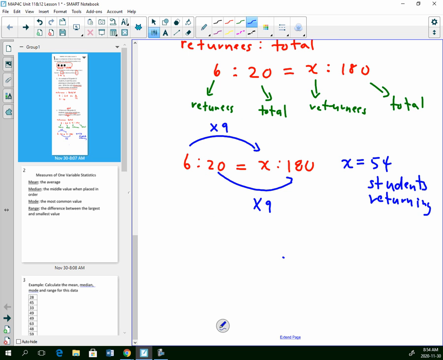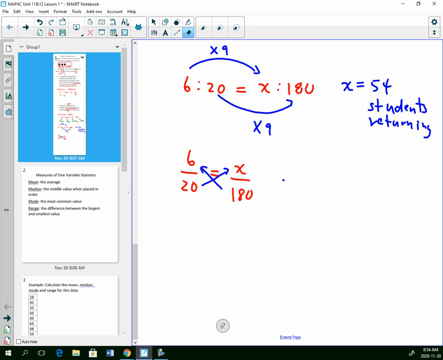So that's one way to do it. The other way is to write it as a fraction, and that might be easier. So I might say 6 over 20 equals X over 180. So I could write it like that and then cross multiply. Okay, so we do 20 times X equals 180 times 6. So 20 times X is 20X. 6 times 180, just let me grab my calculator, is 1080.